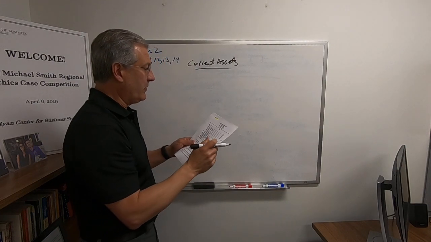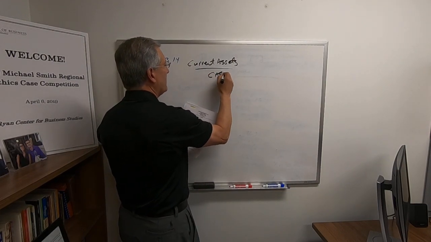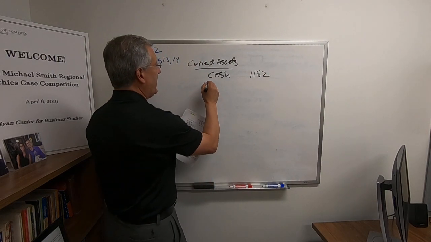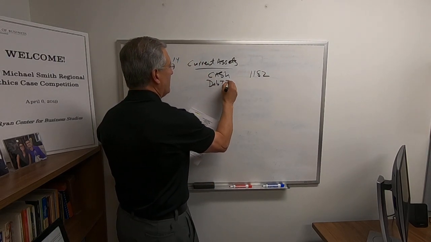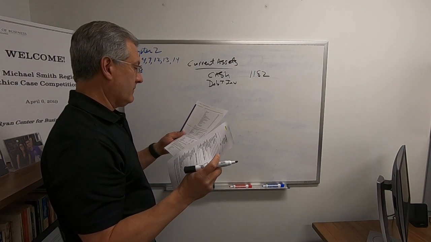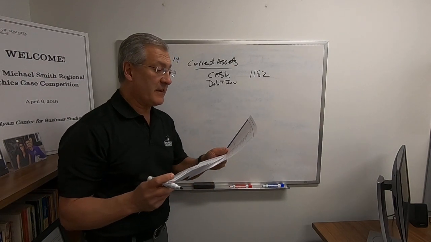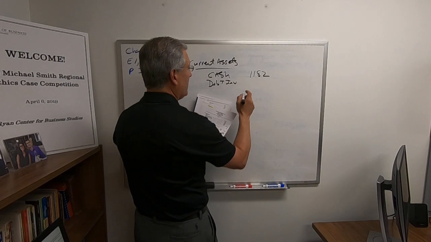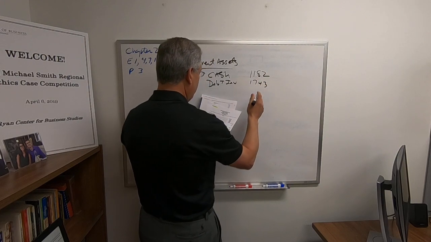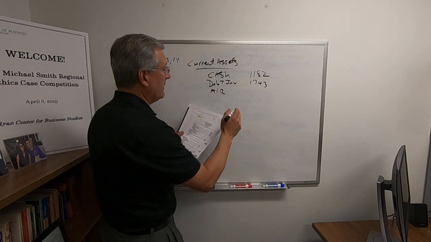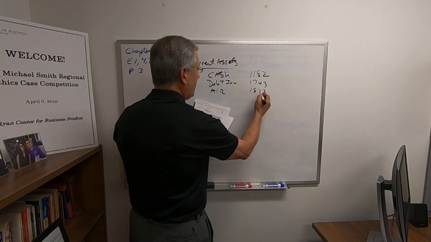Remember the order of liquidity. You've got cash, 1182. Debt investments. It does specifically say in the problem that those are short term, which makes them current. It's 1743. Accounts receivable, 1823.